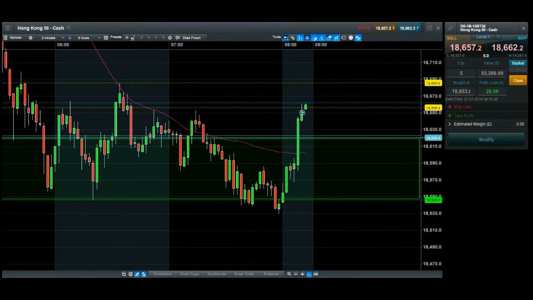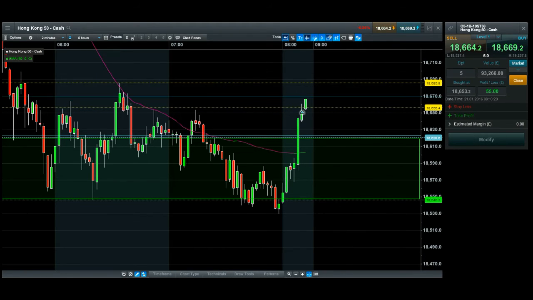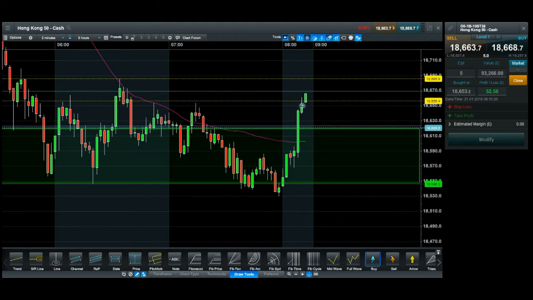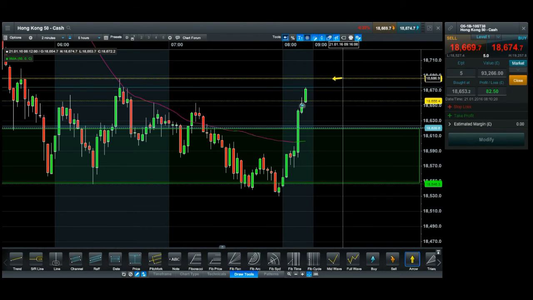There's going to be a reversal here. So this is the area where I'm going to take the profits. My profit take area will be here. But I will wait for the candle to finish. If the candle is an uptrend candle, I'll continue.